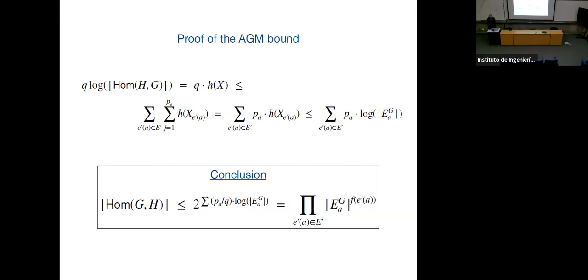Based on this result. Although the result, you can say that it was known, no? As it is, someone can say that this is Shearer's inequality. No? It was not known that it was optimal, probably. This was developed later. And what happens when your graph is a database is that you have lots of constraints, no? For instance, you can say the number of edges linked to a person in Facebook is at most 5,000, right?